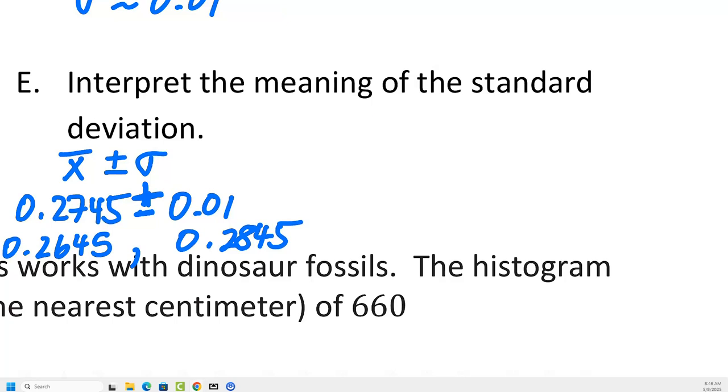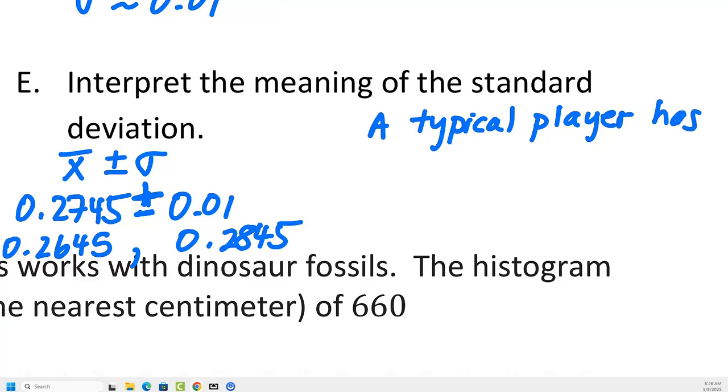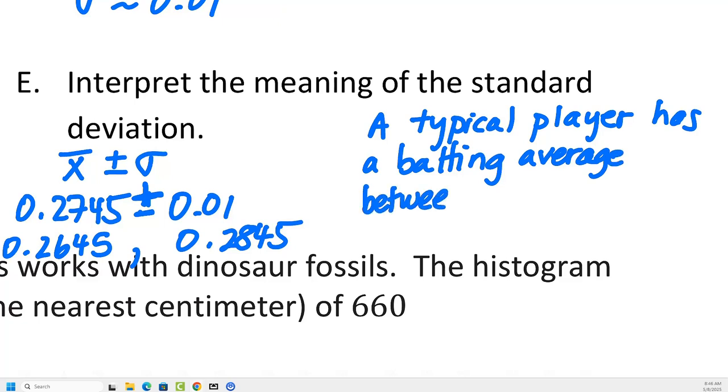So I'll say here a typical player has a batting average between 0.2645 and 0.2845.